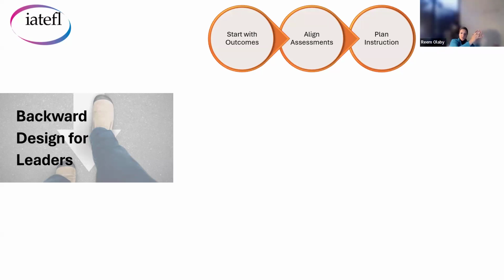Instead of starting with the content and hoping it aligns with the outcomes, we start with the end goals. You start with the outcomes. So, first, you identify the outcomes. For example, the students should be able to give a persuasive presentation. So that's the outcome. Next, decide on the assessment. Maybe it's a rubric-based oral presentation that measures clarity, organization, and delivery, right?